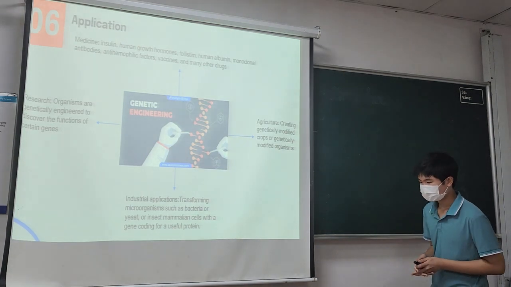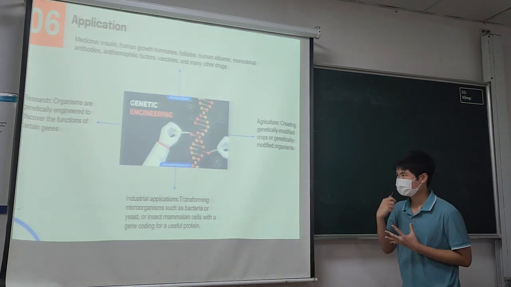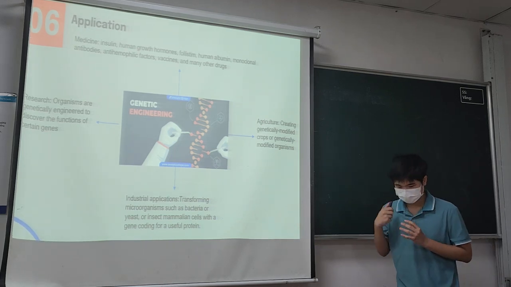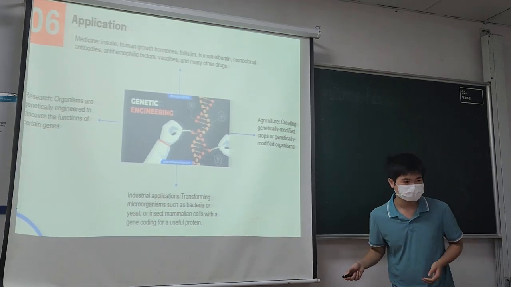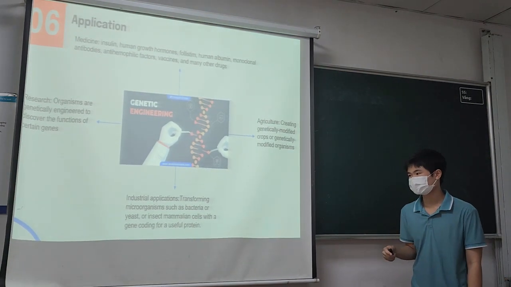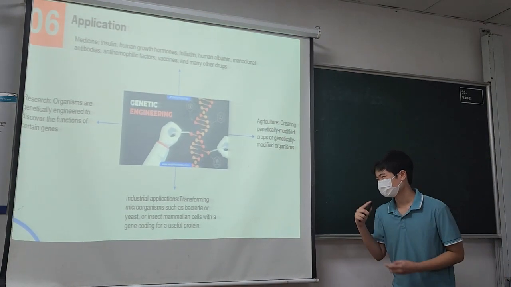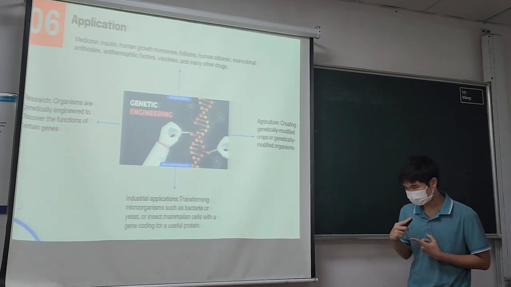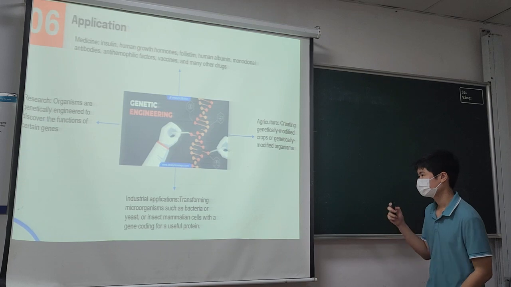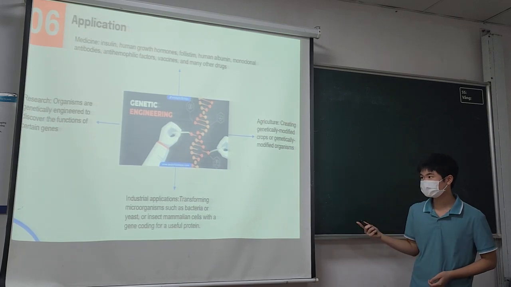In this field, DNA and genes can help create genetically modified crops or genetically modified organisms to raise the percentage of success and can raise the production in the crop.